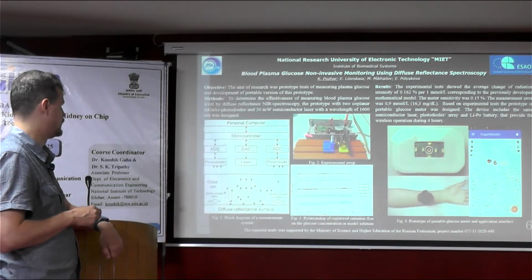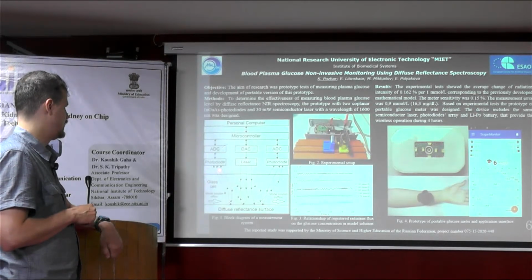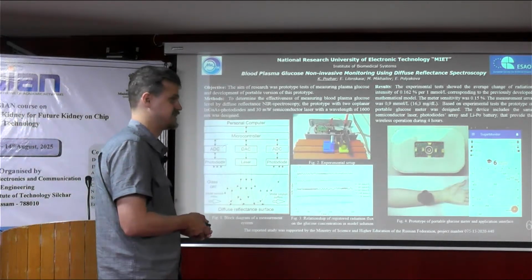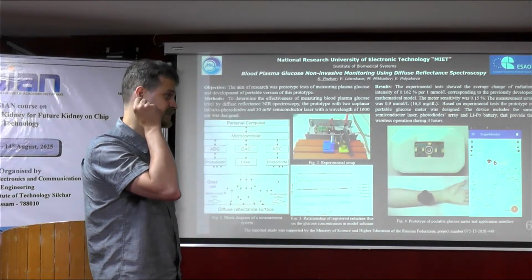So there are a lot of microcontrollers, and there is a lot of signal that we receive from the biological tissue. This particular sensor was adapted to soft tissues that we can apply the sensor to.